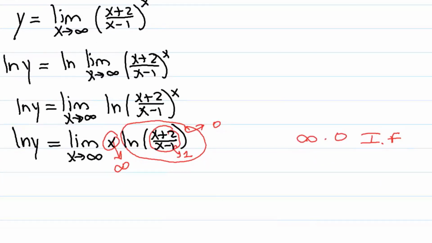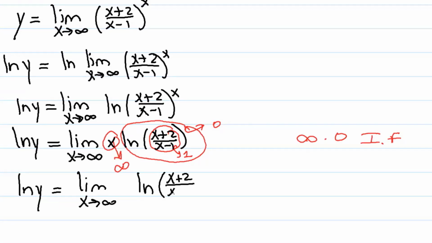We have the natural log of y equals the limit as x goes to infinity. Now, how can we rewrite this as a quotient? That's right. We have the natural log of (x plus 2 over x minus 1) over 1 over x. So now it's a 0 over 0 indeterminate form, so we can use L'Hopital's rule.